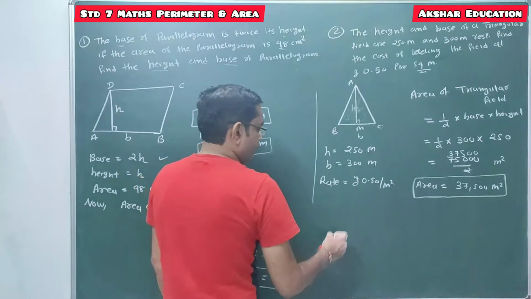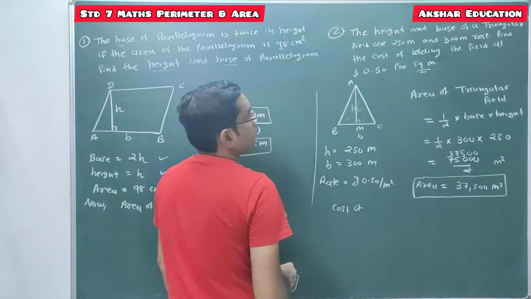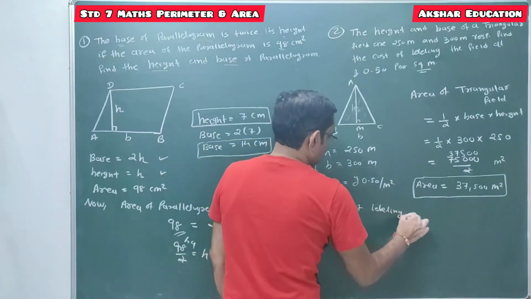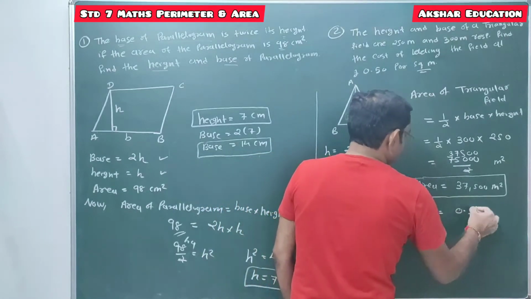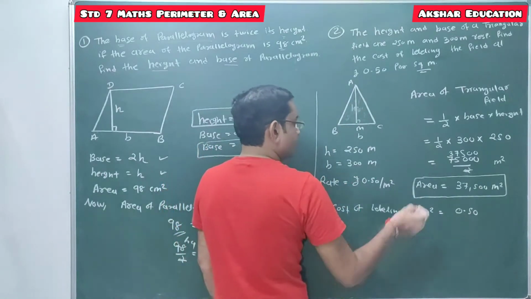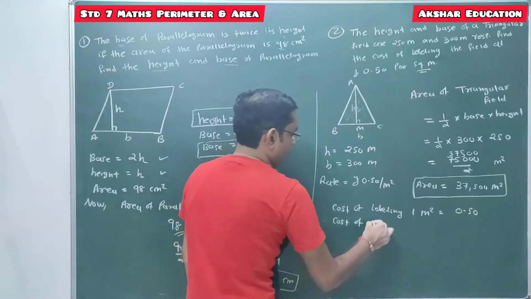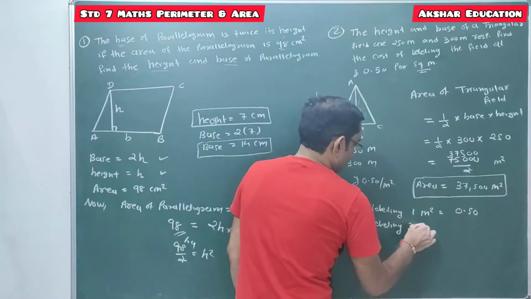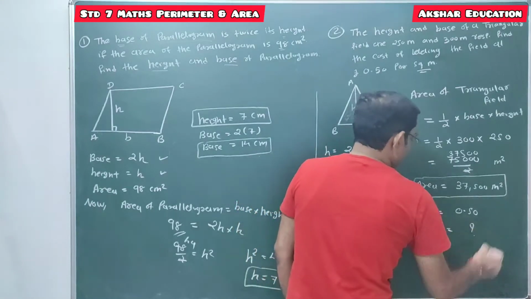So the cost of leveling, we can say, the cost of leveling 1 meter square area is 0.50 rupees, and therefore the cost of leveling 37,500 meter square area is equal to how much?